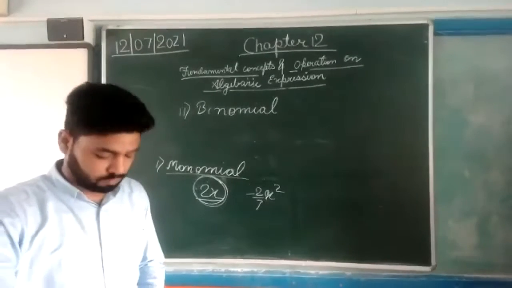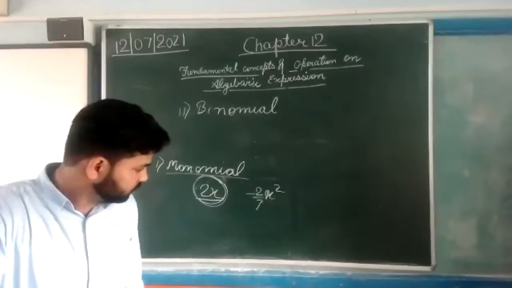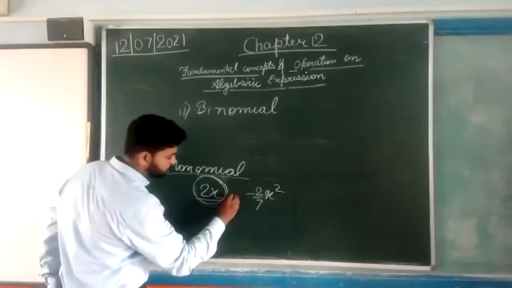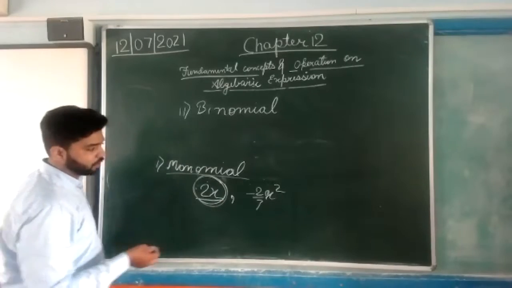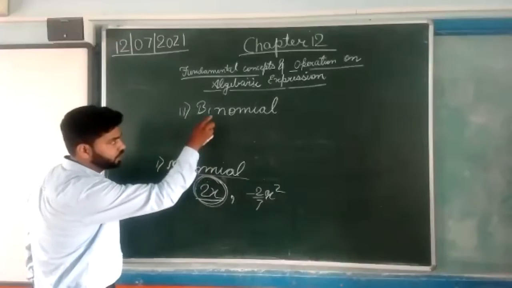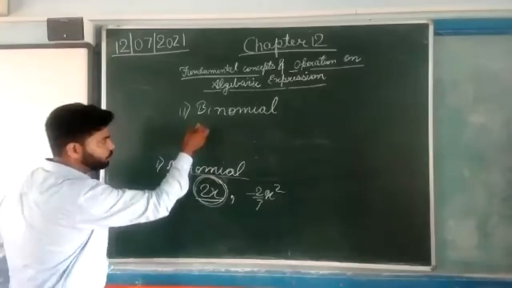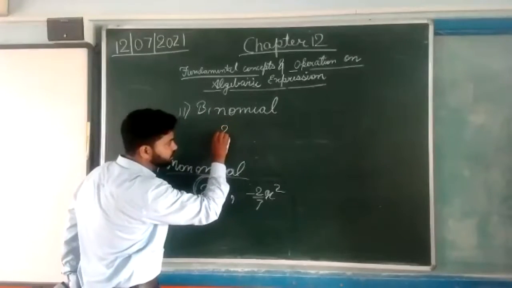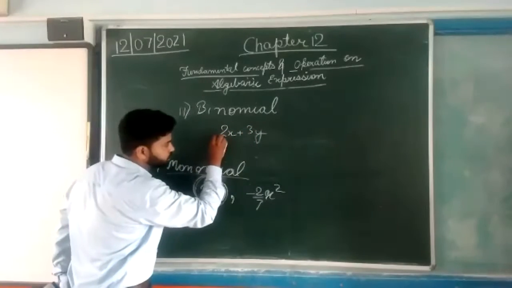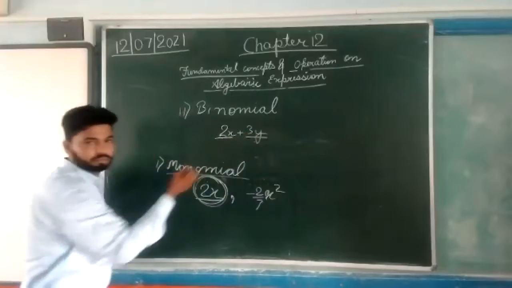Sir, I have not understood the monomial, because in the 2x form you have written minus 2 upon 7. You will understand what is monomial when I make you understand the polynomial. As there is 2x plus 3y, it is consisting of one term and another term.